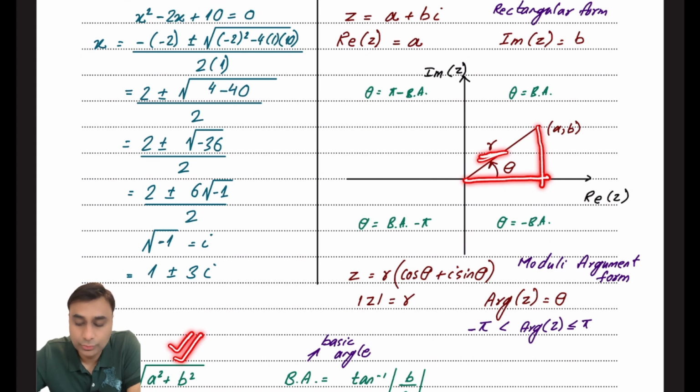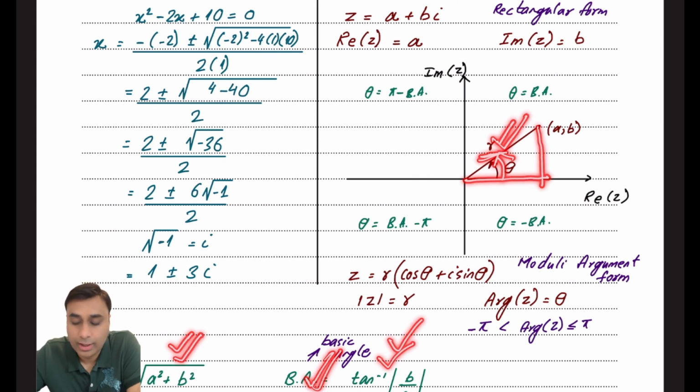So that gives you the length of the complex number, and then you would also want the argument of the complex number, which can be found by using the tan ratio. But remember that when you find the tan ratio, you should take the modulus of b over a so that you get a positive value and you just get the basic angle.